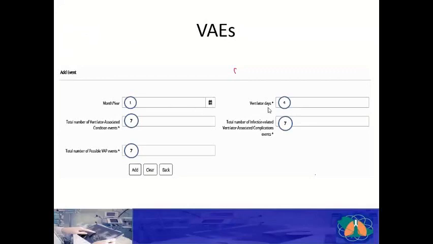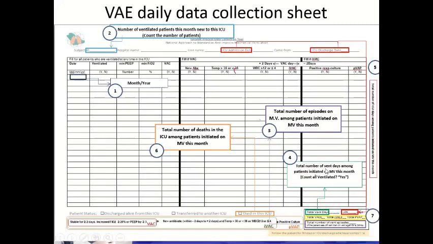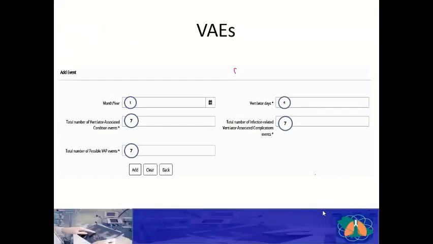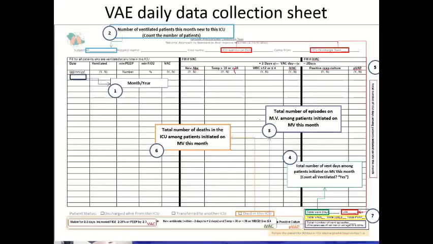And ventilator days, which is labeled as 4 here, is this one here, ventilator days. We take it from this box, but we take it for all patients collectively. And ventilator associated conditions, VAC, IVAC, and PVAP, are all taken from one box, which is labeled as 7, this one here.